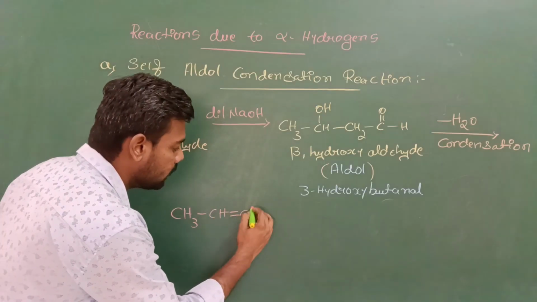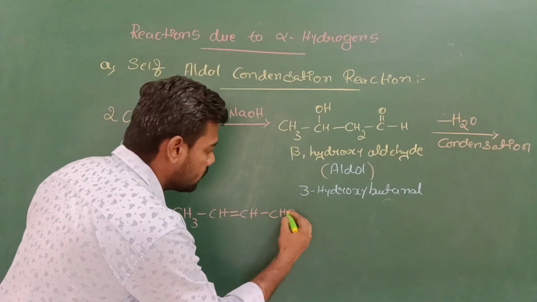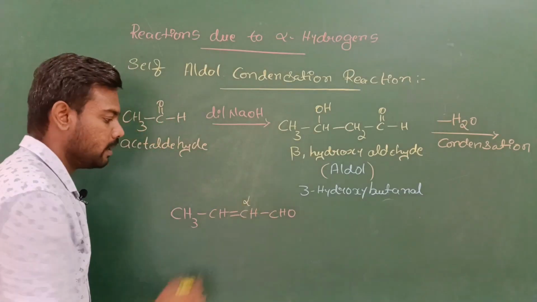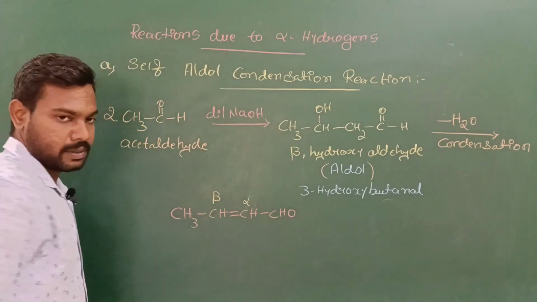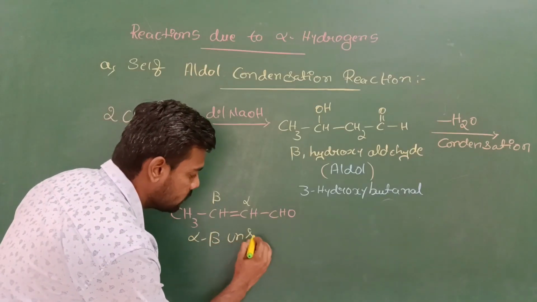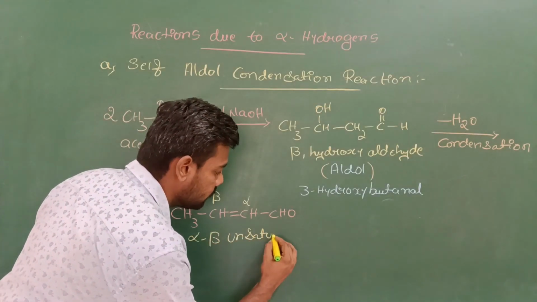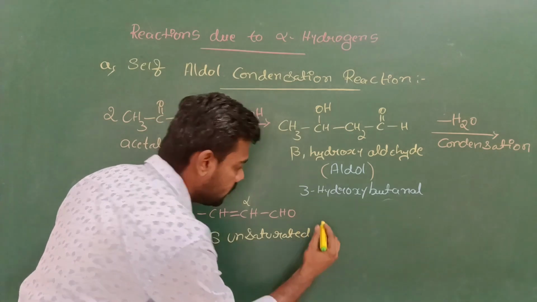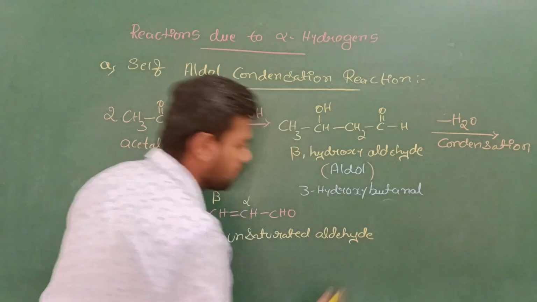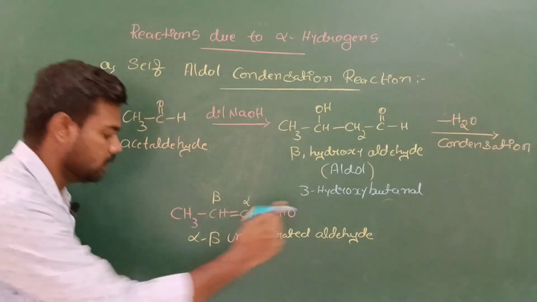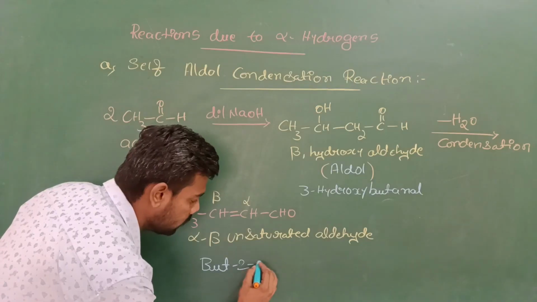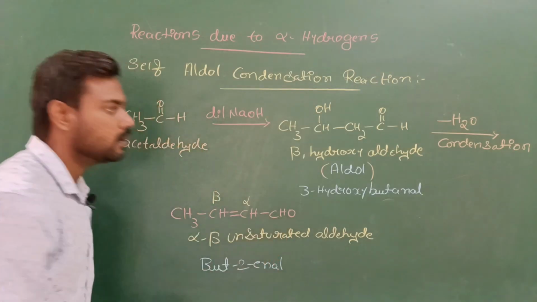This is the alpha carbon and this is the beta carbon. Alpha beta unsaturated aldehyde. Okay, what is the name of this compound? But-2-enal.